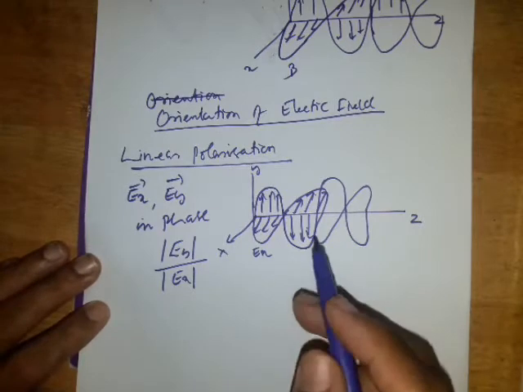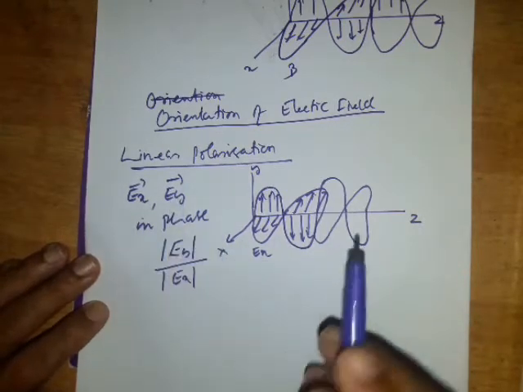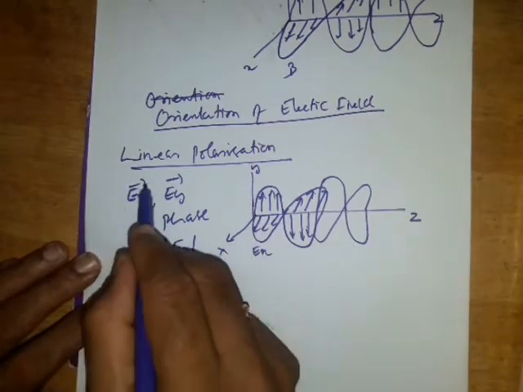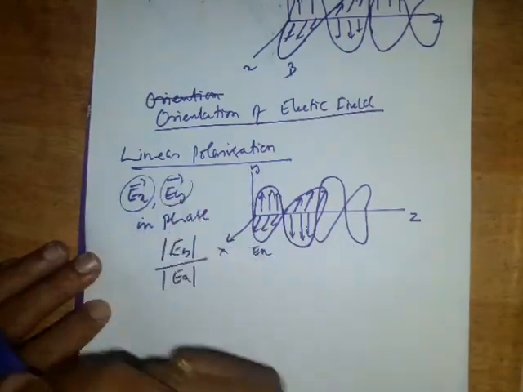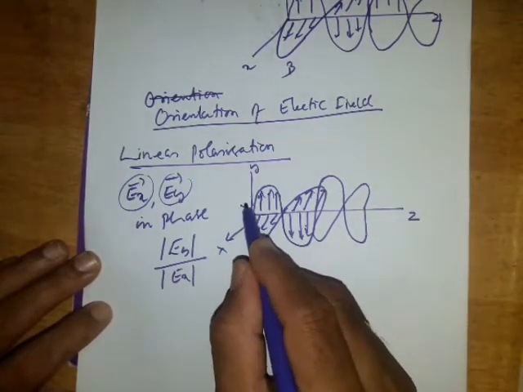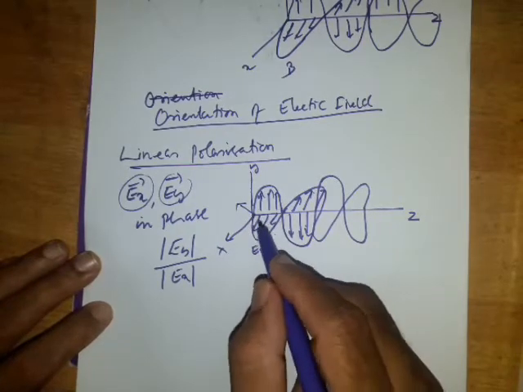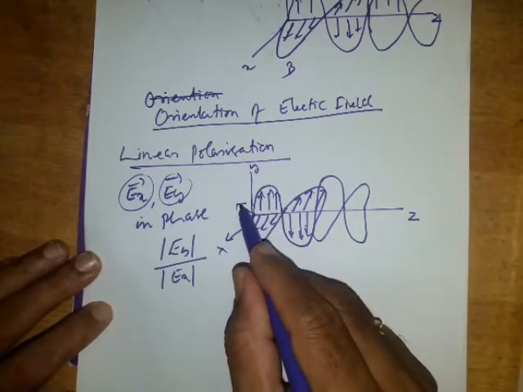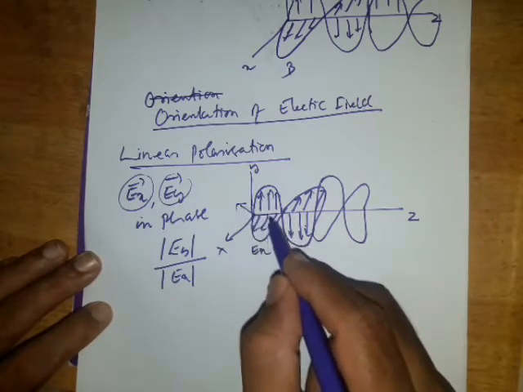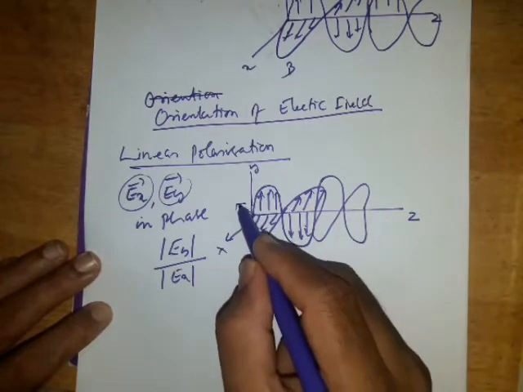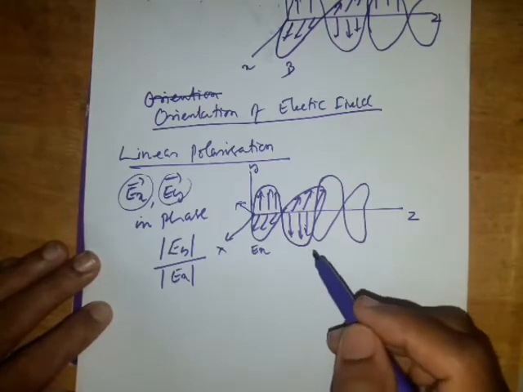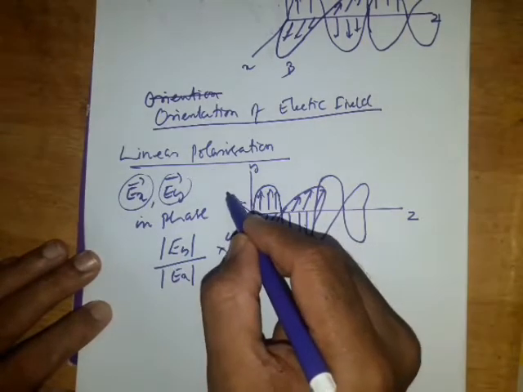If you see the resultant vector of Ex and Ey, it will always fall in such a direction. The resultant vector will be oscillating as the wave propagates. The tip of this resultant vector of Ex and Ey will trace a straight line.